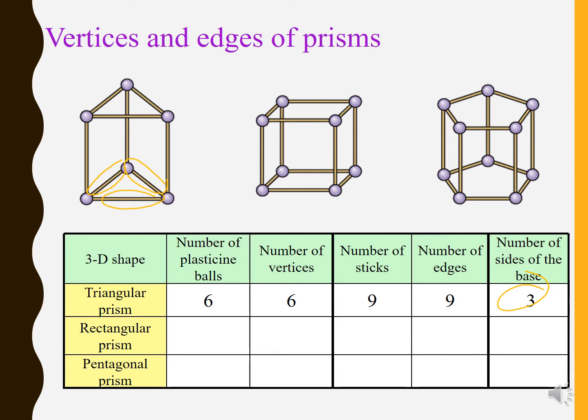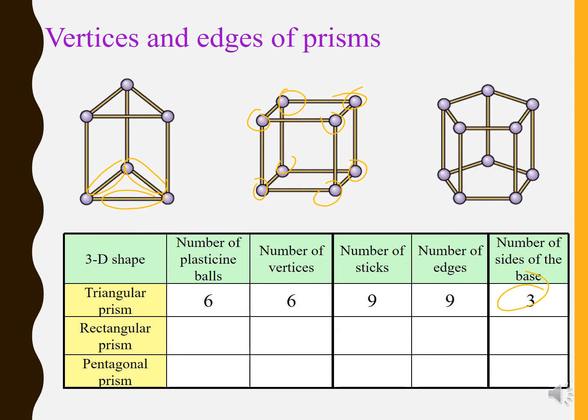For the rectangular prism, the number of plasticine balls is, at the bottom we have 1, 2, 3, 4. On top we have another 4: 5, 6, 7, 8. So we have 8.